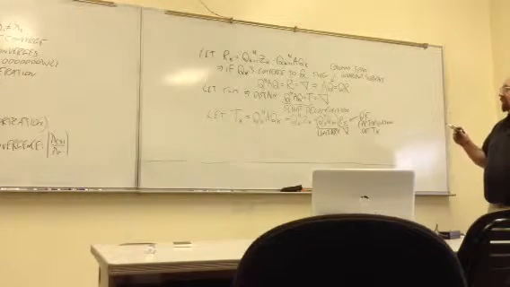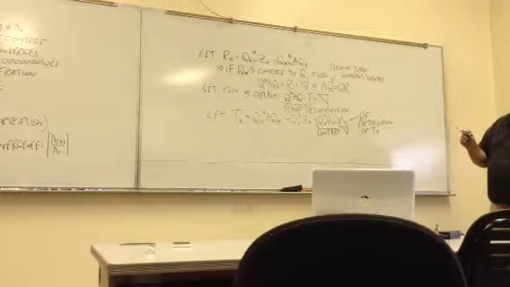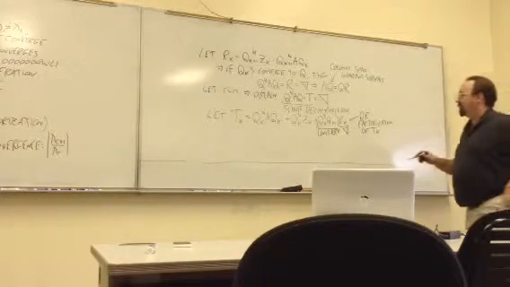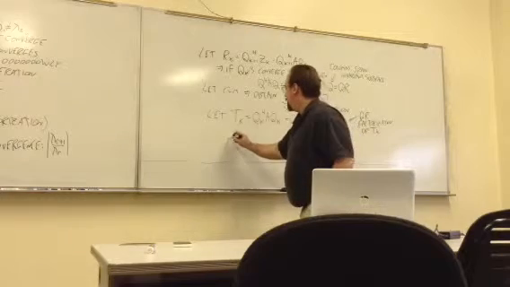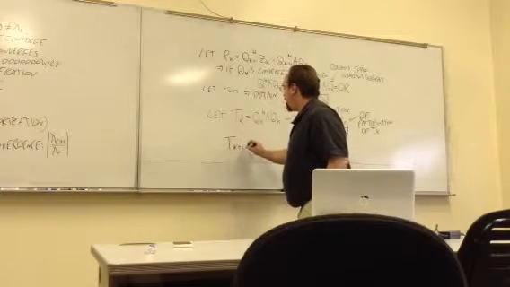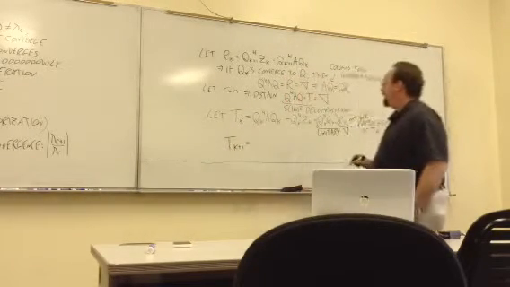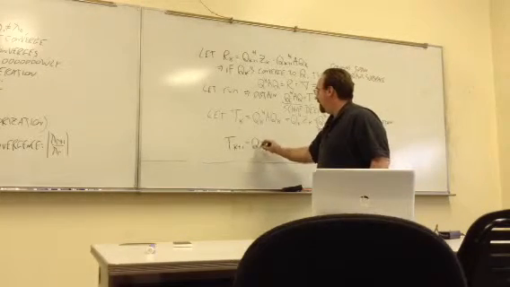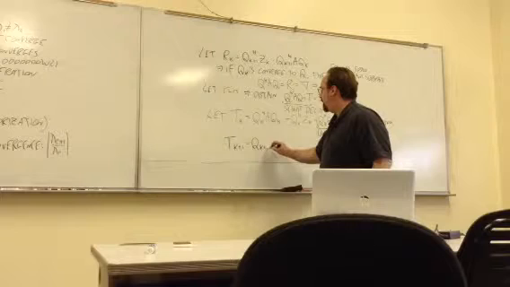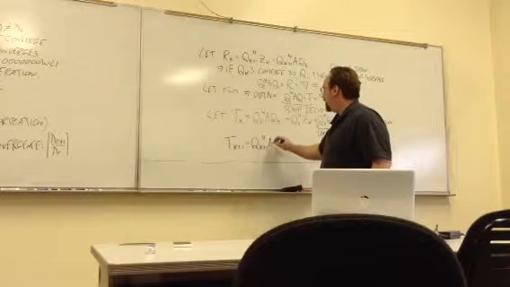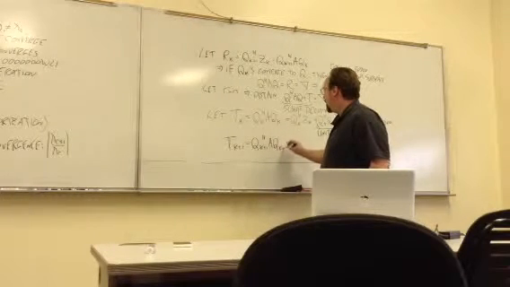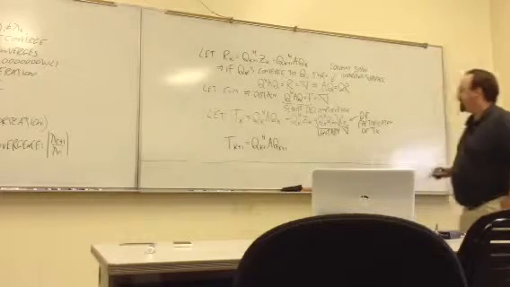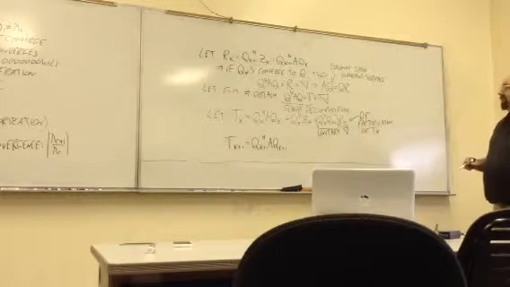Now, let's take a look at the next matrix in the sequence, TK plus 1. By the definition that I used up here, that's QK plus 1 Hermitian transpose A QK plus 1.